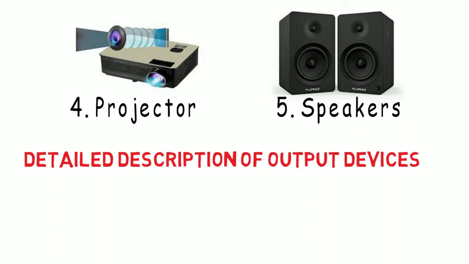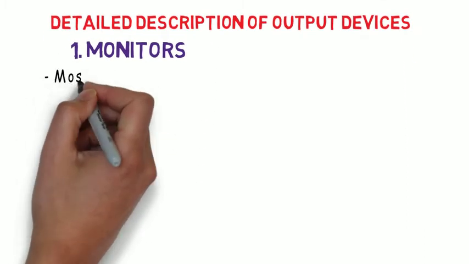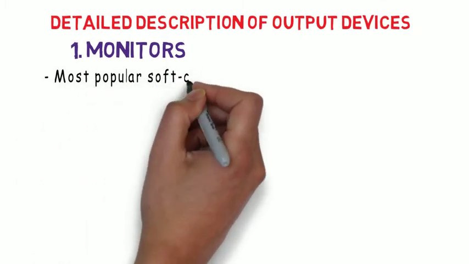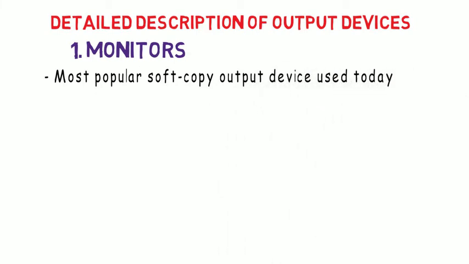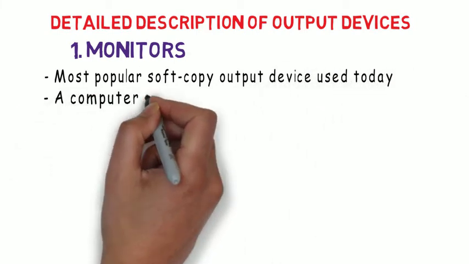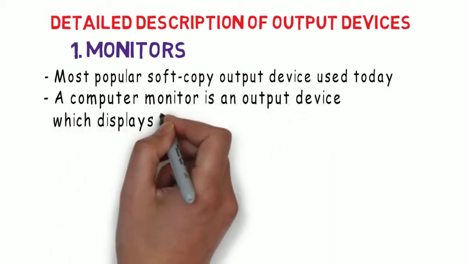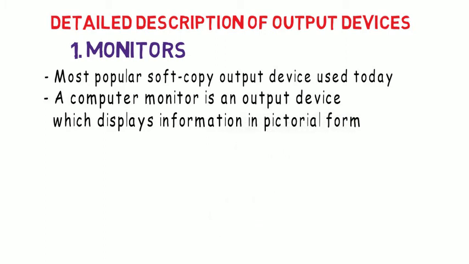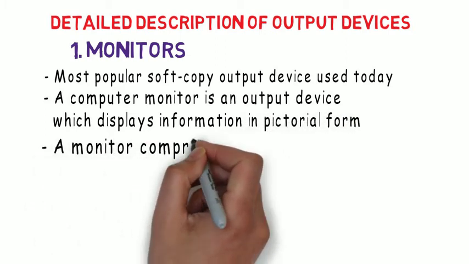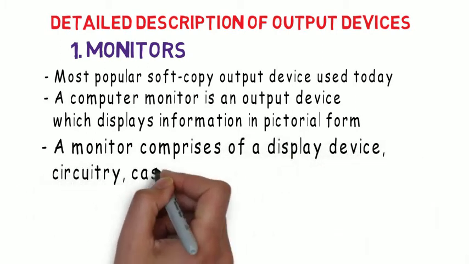Number 1, the monitor. This is the most popular soft copy output device used today. A computer monitor is an output device which displays information in pictorial form. A monitor is made up of a display device, circuitry, casing, and power supply.